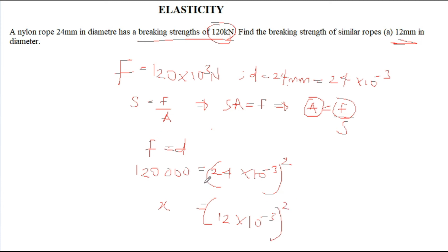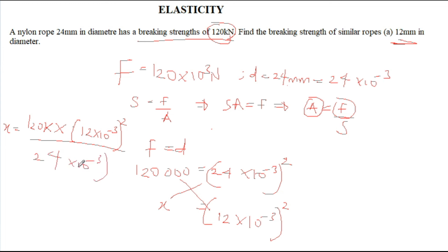If we do the multiplication, our value of x will be 120 kilo multiplied by 12 times 10 to the power minus 3 squared, divided by 24 times 10 to the power minus 3 all squared.